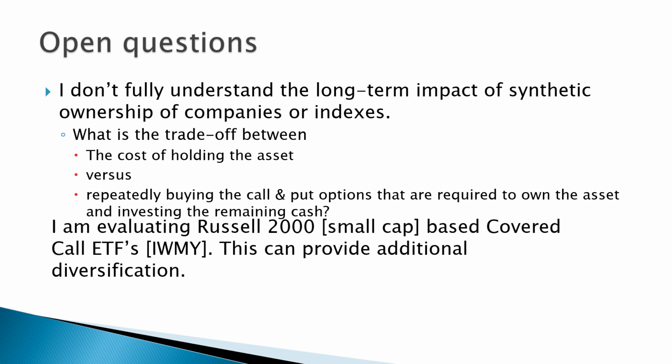But I don't really have any mid cap or small cap. There is an ETF called IWMY, which is based on the Russell 2000, which is small cap. I just need to understand that index better and see how it's constituted, how concentrated it is. Is it actually adding to diversification in a value adding way?